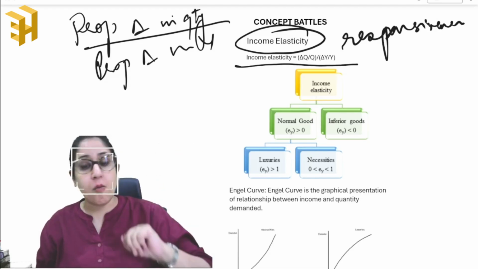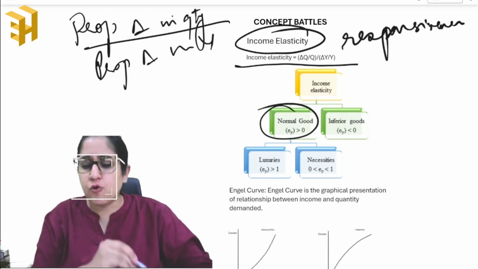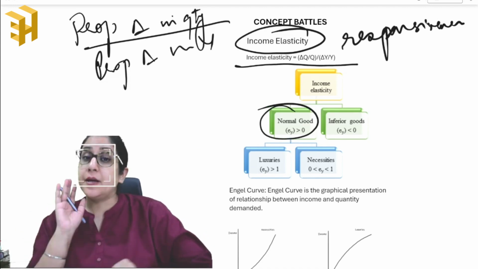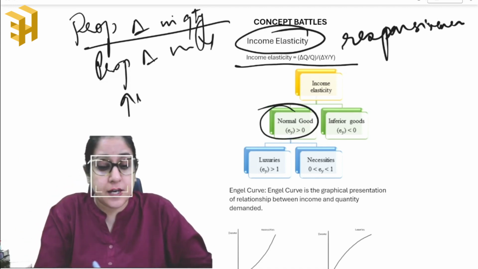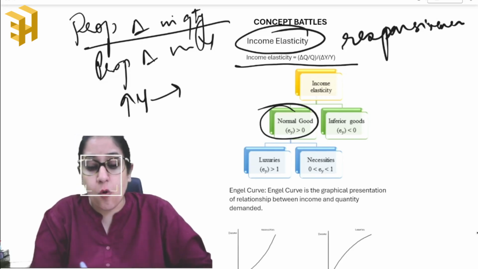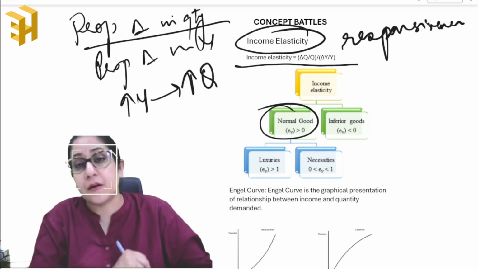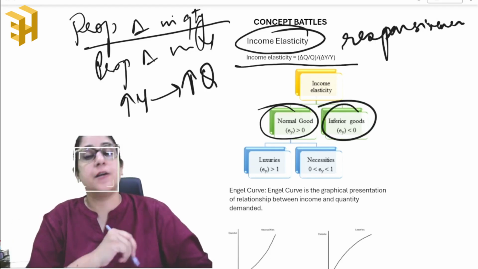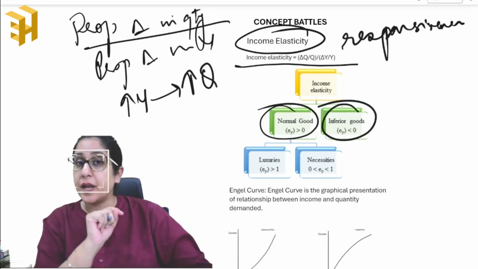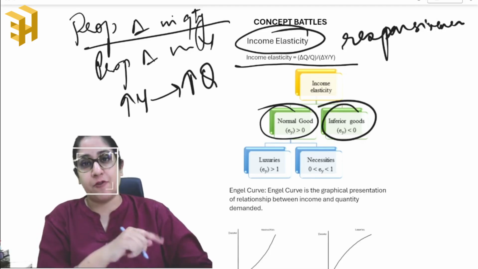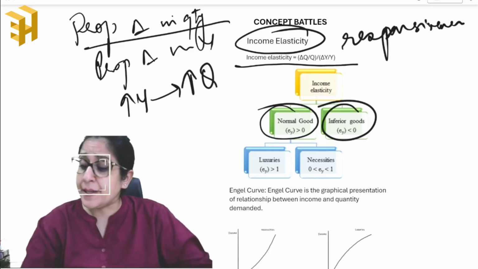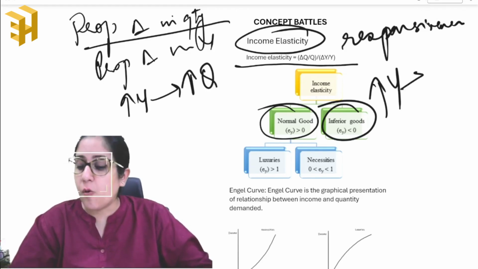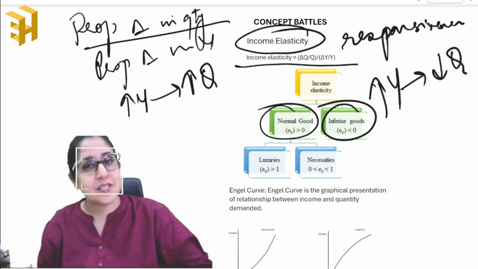One is your normal goods, whose income elasticity is positive or greater than 0, implying that when your income increases, the quantity demanded of it also increases. But on the other hand, we have inferior goods whose income elasticity is negative or is less than 0, implying that when your income increases, the quantity demanded of it falls.